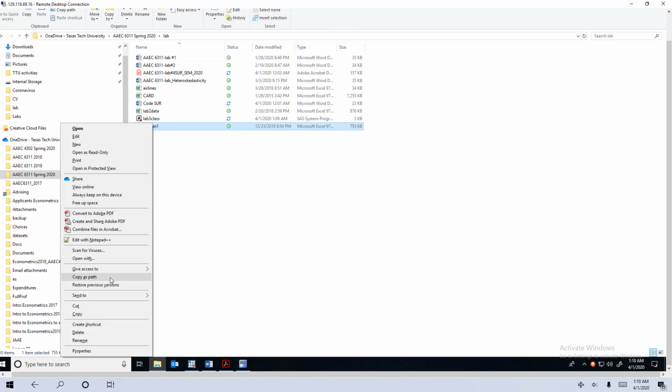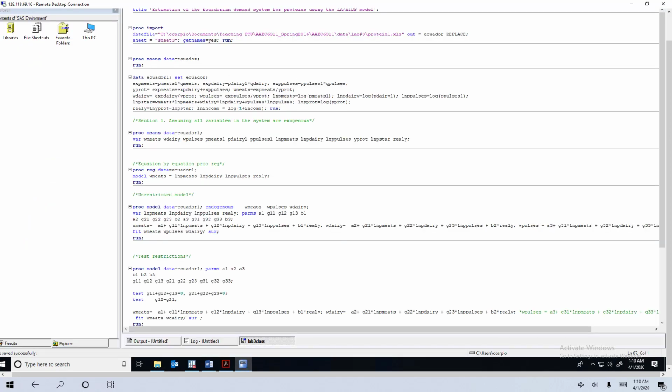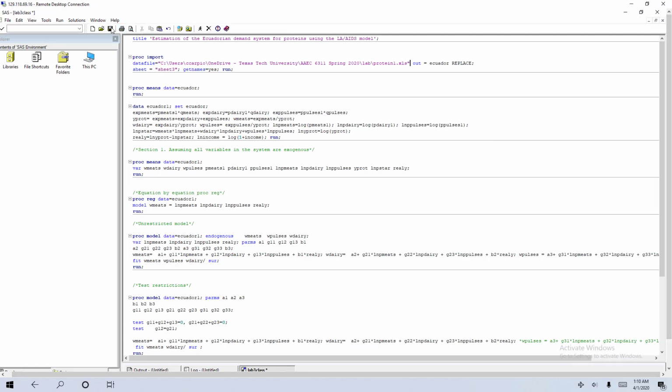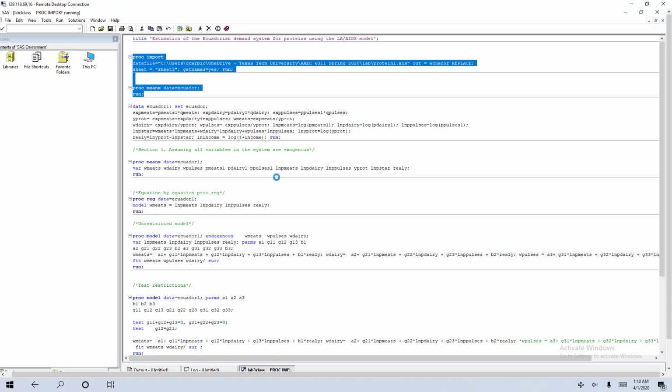Let me see, copy as path here, and this will allow me to change this. And I guess it's sheet 3. Let me double check. Well, it should work. And I'm also going to be calculating the means to see if things work out well.